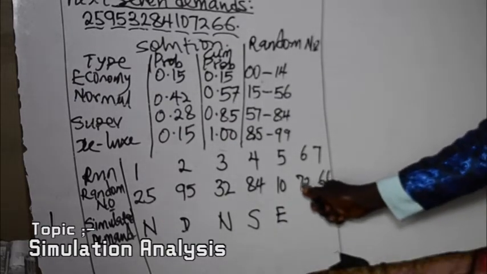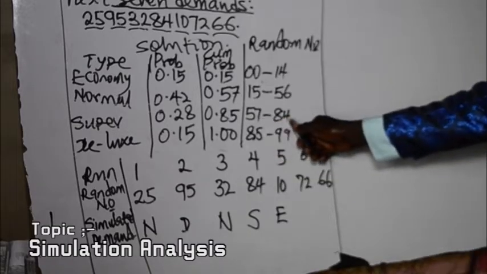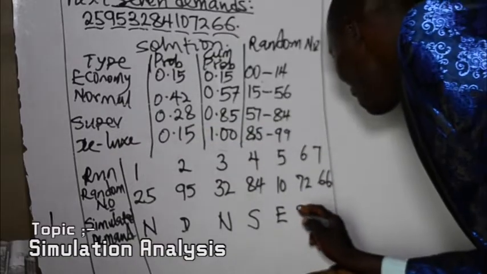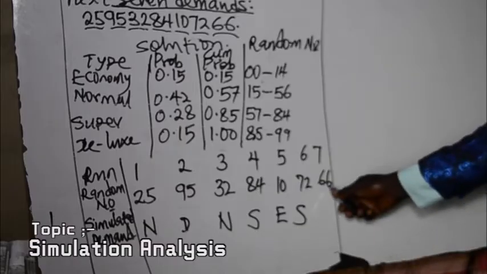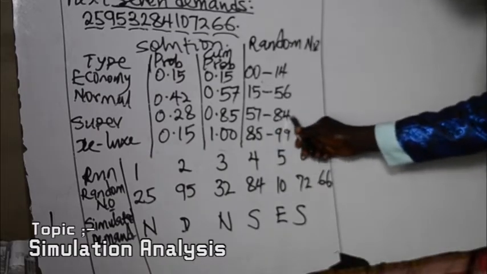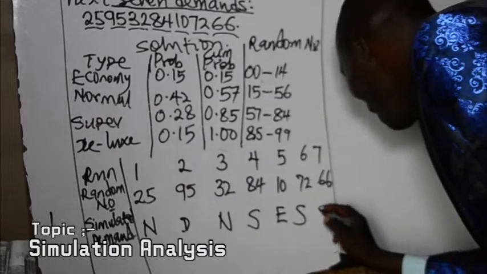Then the next random number is 72, which lies between 57 and 84, and the demand at that range is super. Finally, the last random number is 66, which also falls between 57 and 84, so the demand is super.